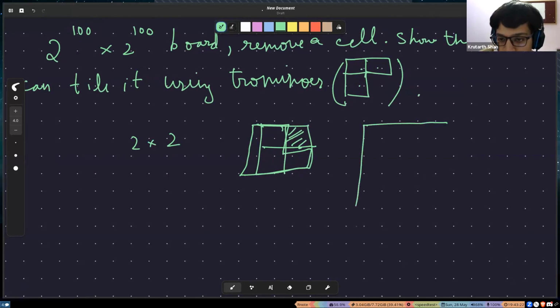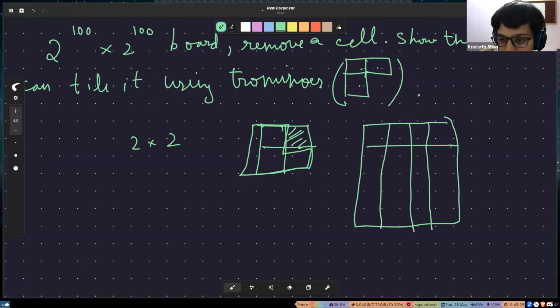So okay, for a 4 times 4 board, let's remove this. Okay, I will tile it.